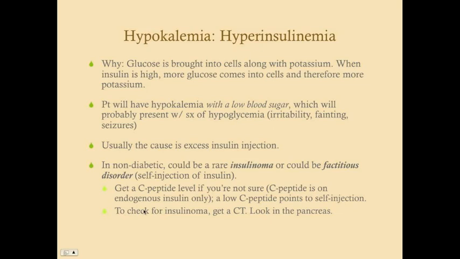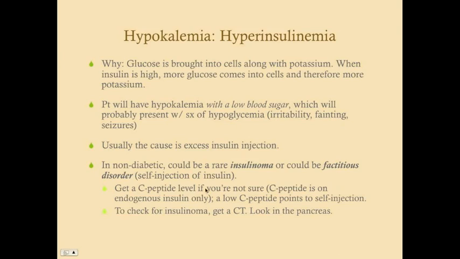Now, if the C-peptide level is low relative to the insulin, then you can pretty much diagnose factitious disorder. But if the patient's C-peptide level is high, that doesn't necessarily mean insulinoma, because they could be taking the oral diabetes medications.